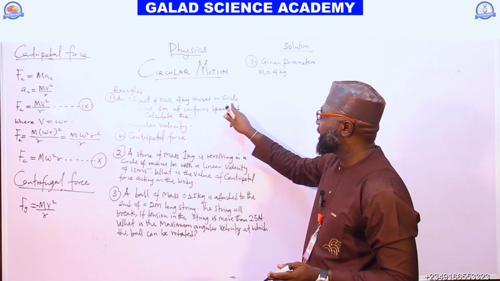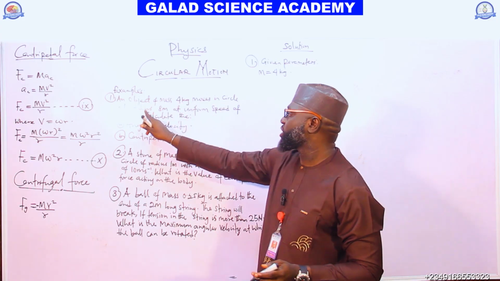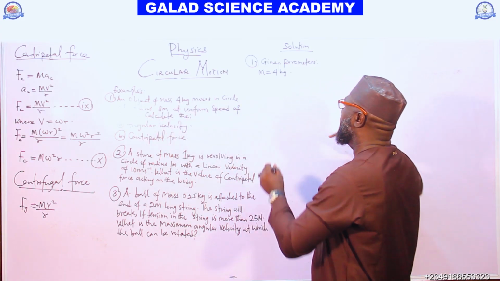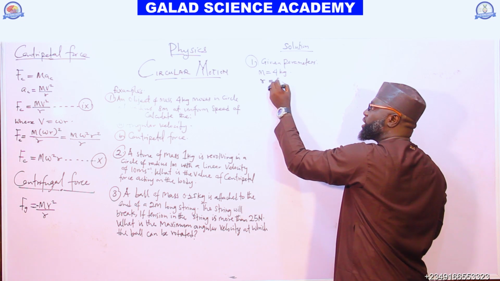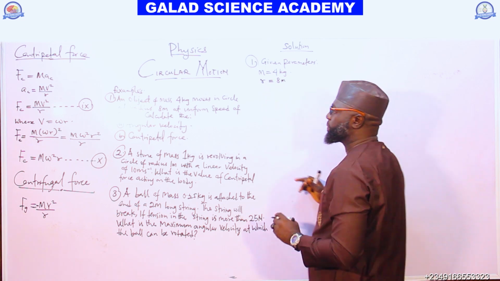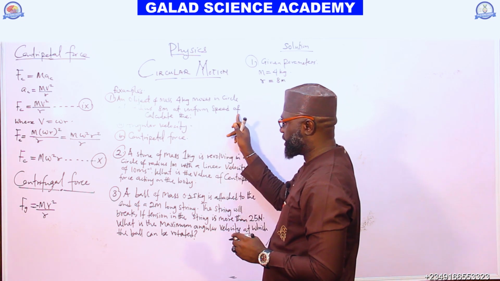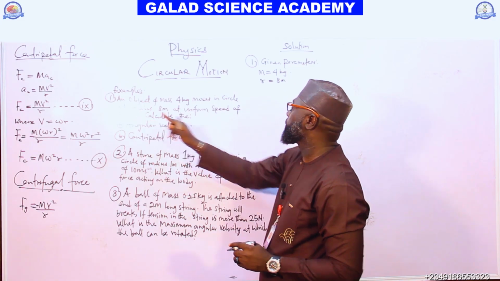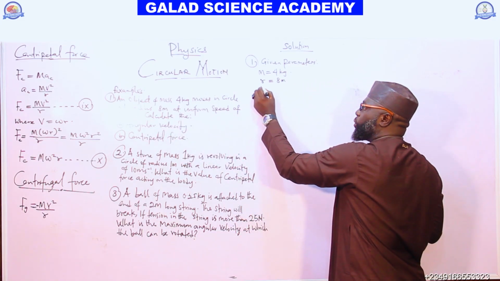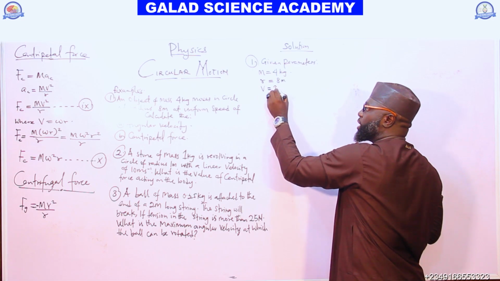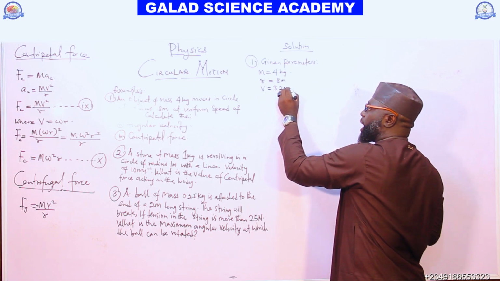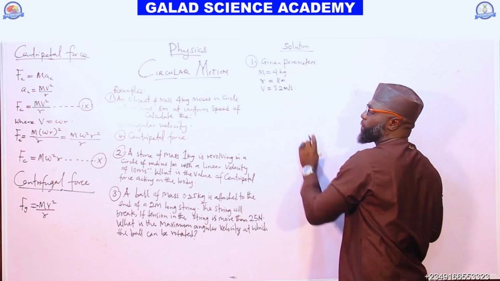Mass 4 kg moves in a circle at radius 8 meter. So the radius r is 8 meter, at a uniform speed, so the speed, which is v, is 32 meter per second.